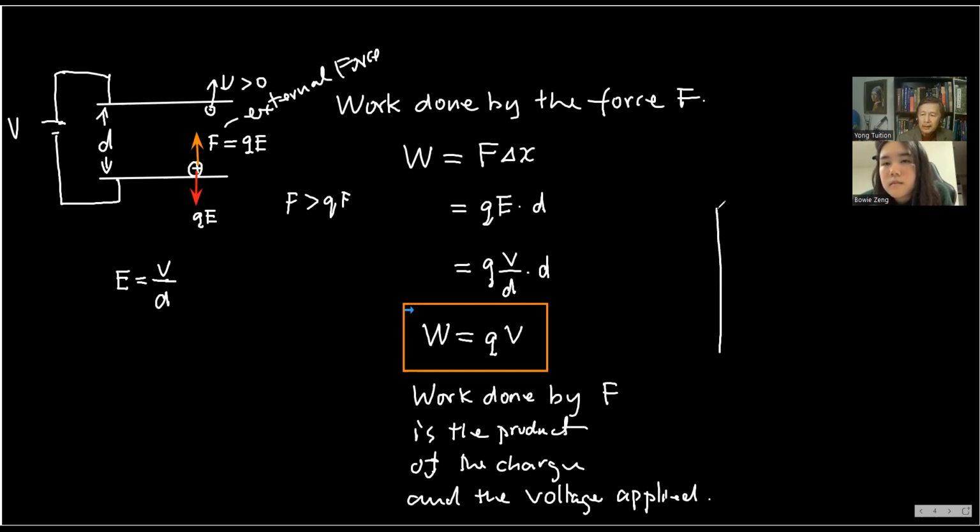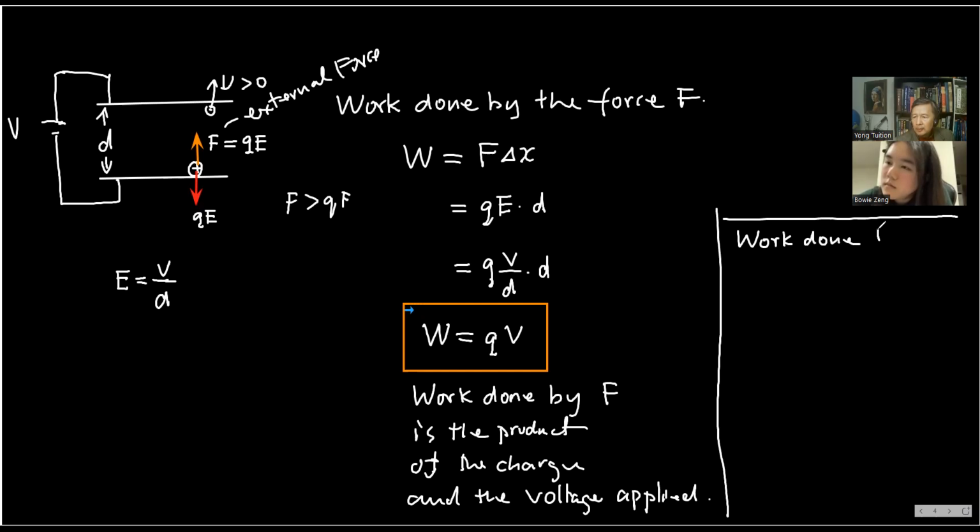However, we can consider the work done by the electric field. So this was work done by an external force. Now we're talking about work done by the electric field. It's the same voltage.